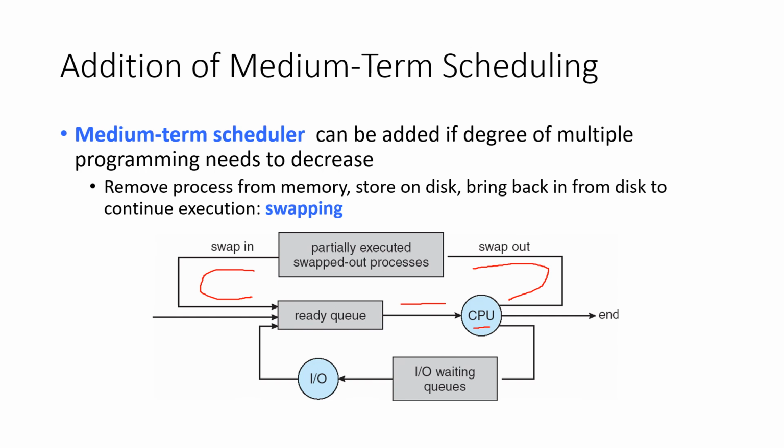The process can also be sent from the CPU to an IO waiting queue if it requires input output, and then it goes into IO and comes back into the ready queue, as we have already seen. And if the process finishes its execution, then it goes to the terminate condition. That is the end of the process.